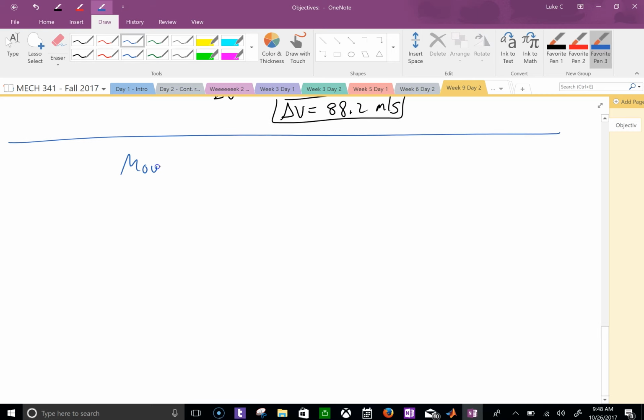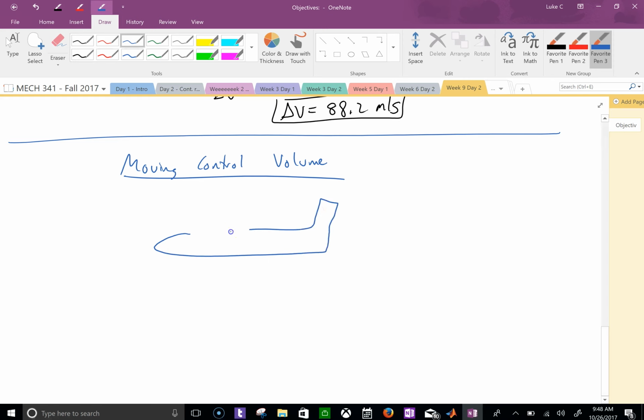Moving control volumes on Earth. It's a little different in space. We can connect the board. All right, if we have an airplane, just a simple diagram here, we'll just quickly talk about relative velocity.